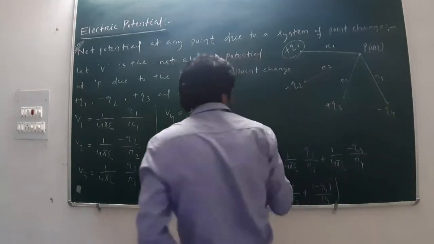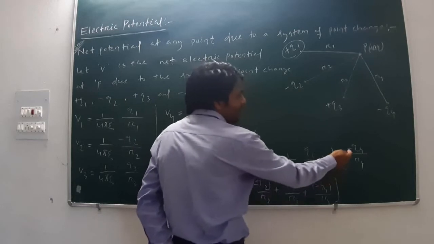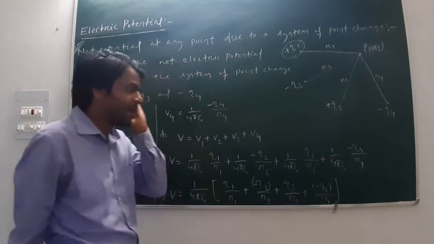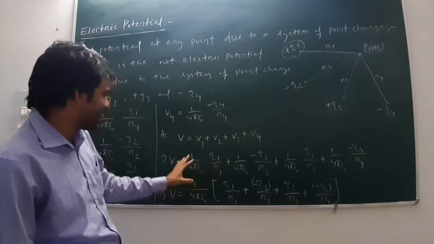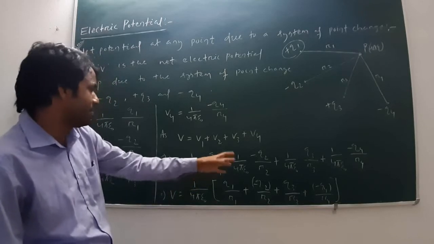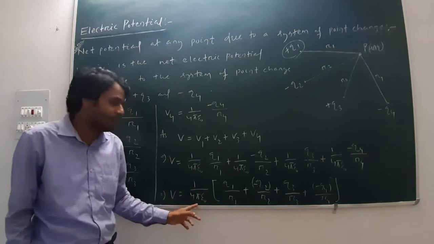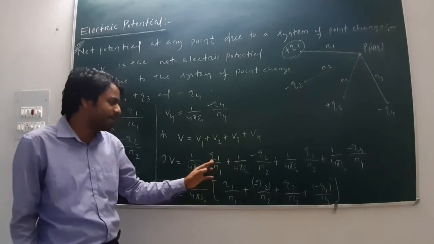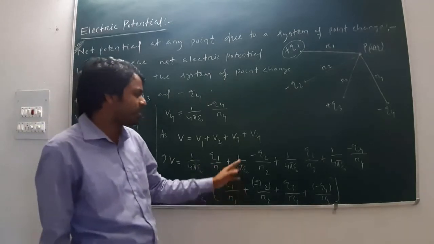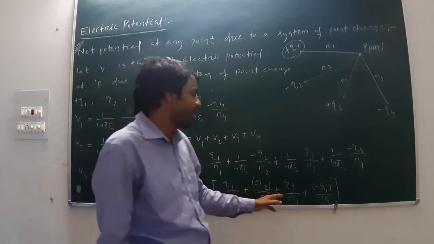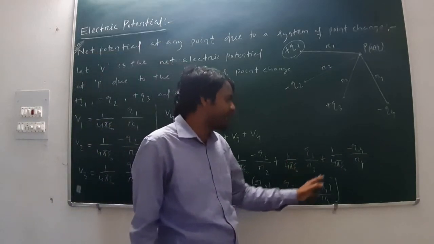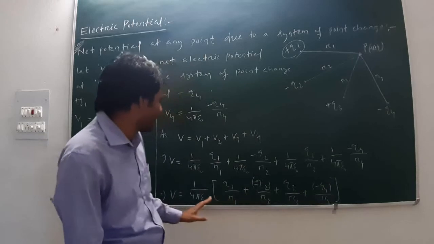Similarly, V4 equal to 1 by 4 pi epsilon naught minus Q4 by R4. And by taking the common thing, what is the common thing? In all of V1, V2, V3, V4, 1 by 4 pi epsilon naught is common, then the remaining part becomes Q1 by R1 plus minus Q2 by R2 plus Q3 by R3 plus minus Q4 by R4.